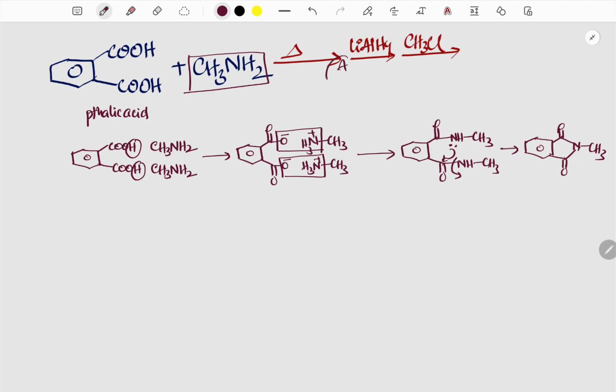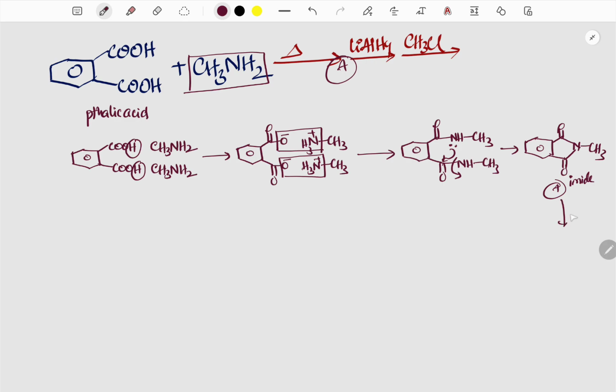So this is the first compound. Phthalic acid, when treated with a primary amine, gives the corresponding imide. It is a tertiary amide, and the functional group is imide.